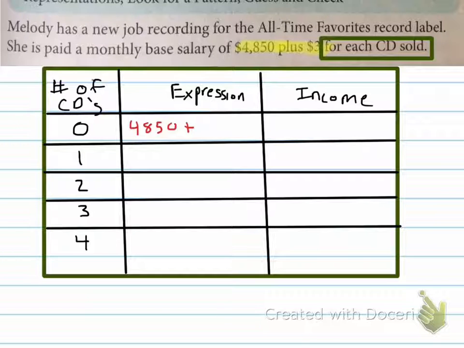So that's where this will change. So 3 times 0, right? We want 3 times 0. So that's what's going to happen here. So this answer will be 4,850.